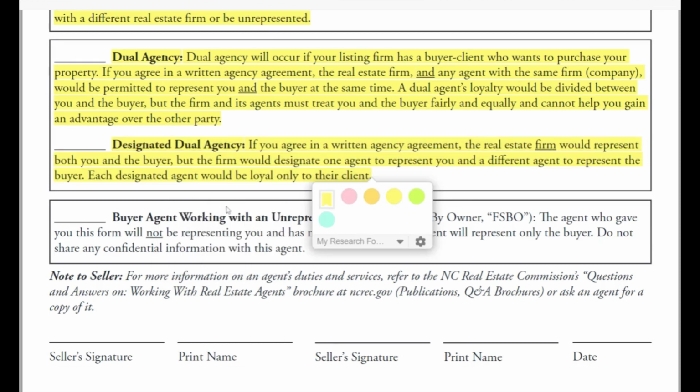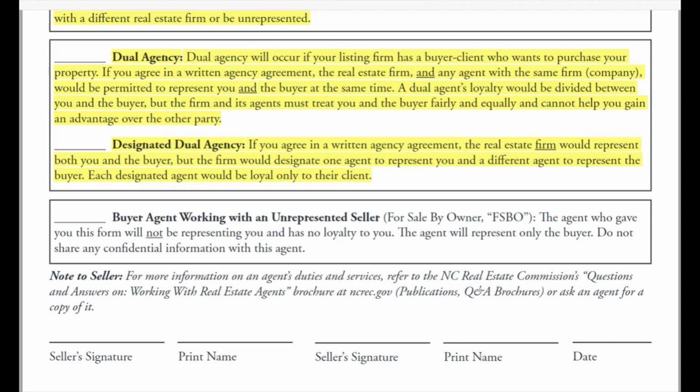Now we're moving right along here to designated dual agency. So designated dual agency is if you agree in a written agency agreement, the real estate firm would represent both you and the buyer, but the firm would designate one agent to represent you and a different agent to represent the buyer. Each designated agent will be loyal only to their client.